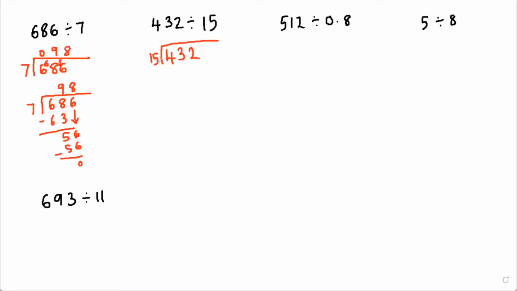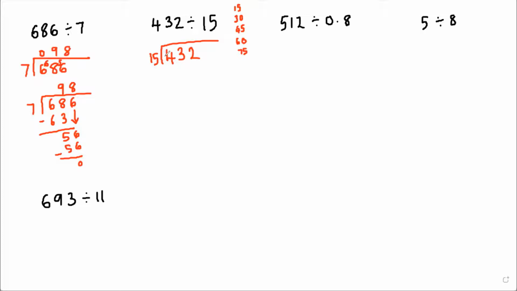Now, you may not know your 15 times table, and when you're dealing with a number outside of your times tables knowledge, it helps to write the times table down before you start, just so you've got it there for easy reference. Usually if you go to about 5 times the number, that will be enough to get you started. So if I just write here 15, 30, 45, 60, 75. If I need to add to that as I go through the sum, I can.